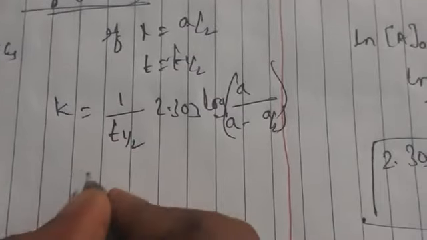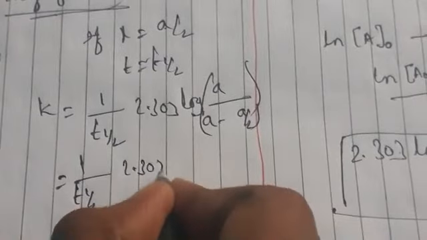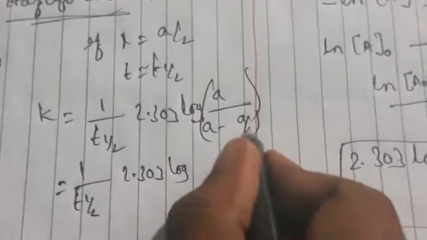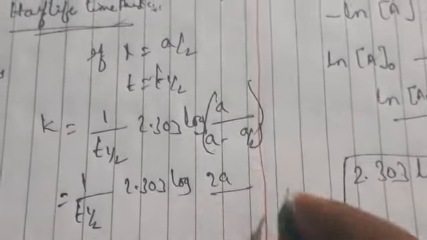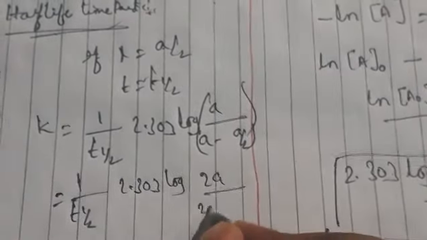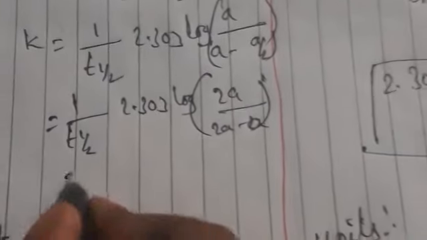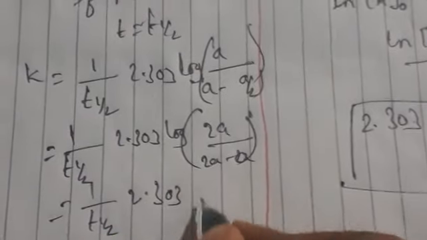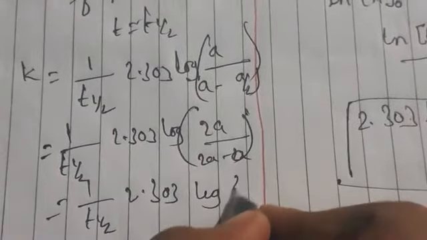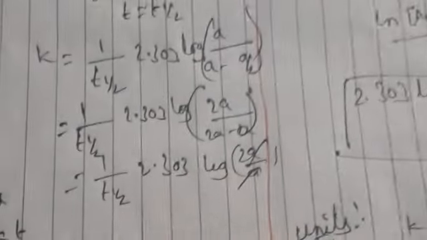So this 2 will go up, meaning 2a by (2a minus a), so you will be getting 1 by t half into 2.303 log 2a by a, which gets cancelled, and you have to find the log 2 value.